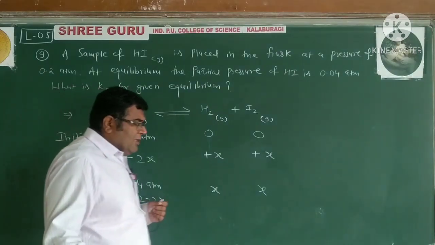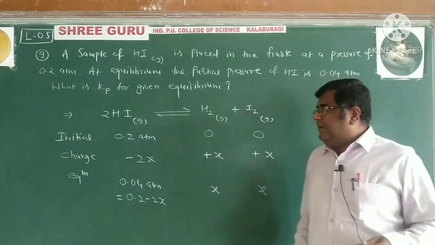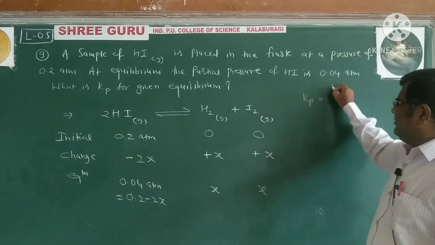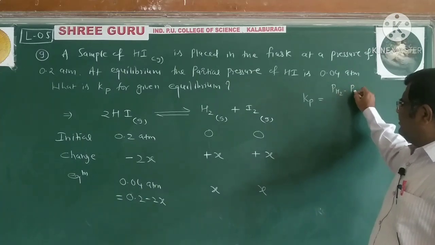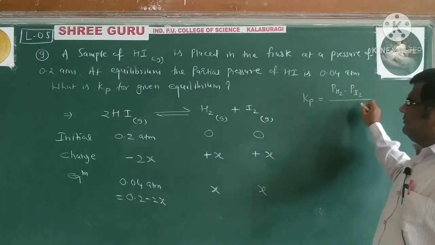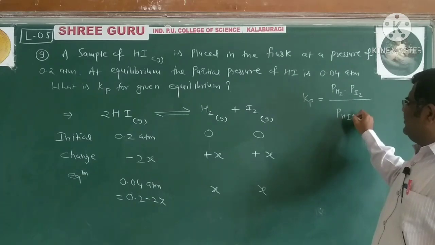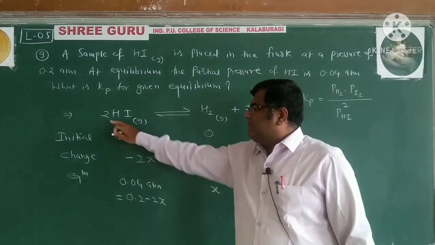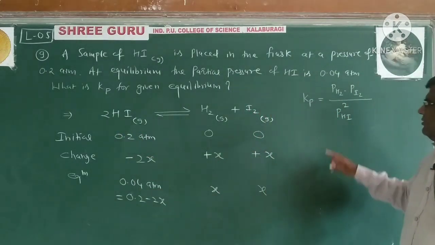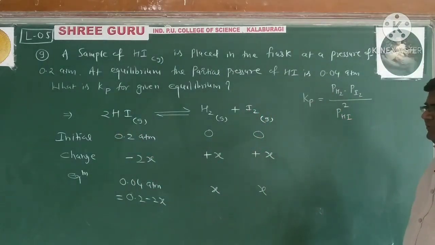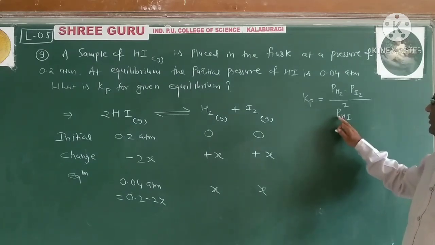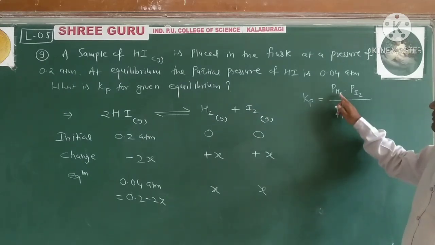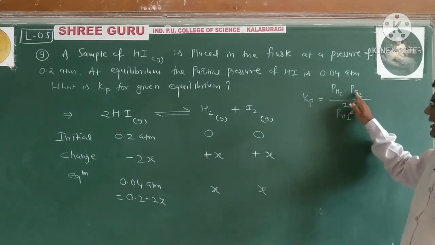Now they have asked us to calculate Kp. Looking at this reaction, Kp is equal to the pressure of hydrogen times the pressure of iodine divided by the pressure of hydrogen iodide, squared because of the 2 moles. Now we substitute the equilibrium partial pressures. We know the pressure of hydrogen iodide is 0.04 atm, but we don't know x, the pressure of hydrogen and iodine.